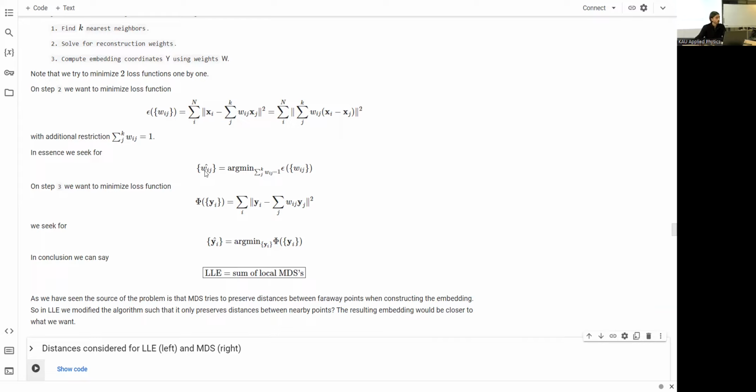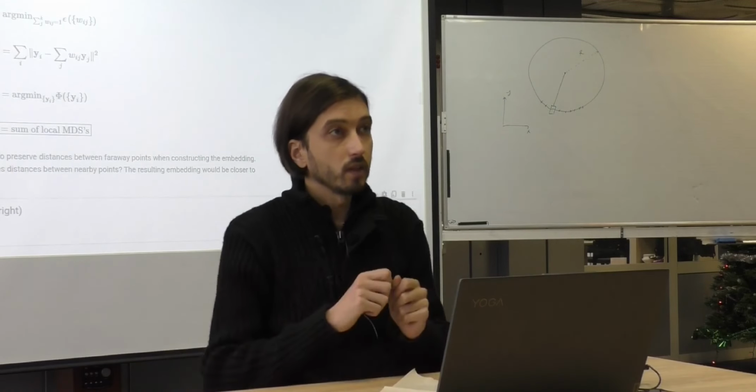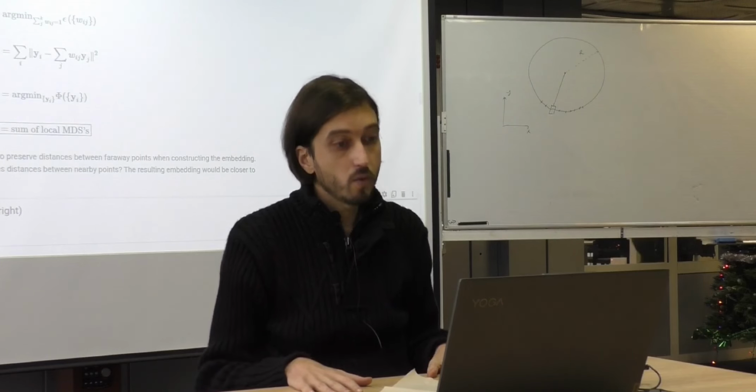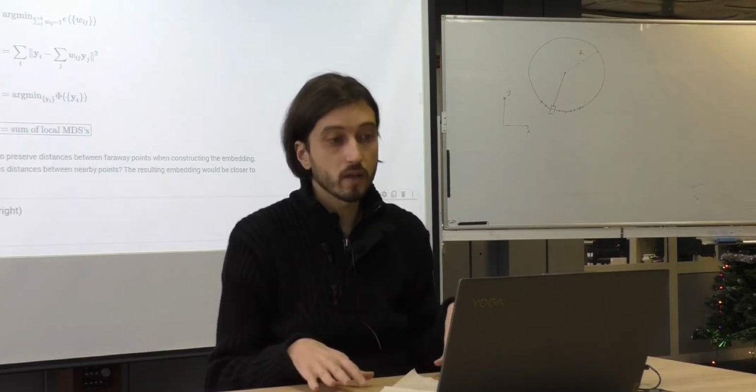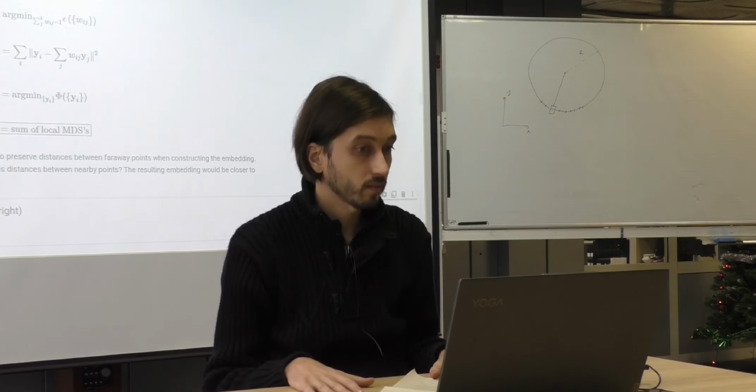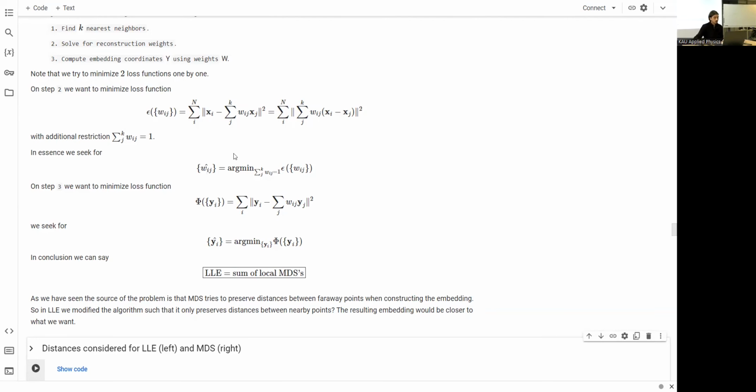Now we have all these W. What do we want? We want our points to be squeezed into the plane. Now we are saying I want my W's to be conserved. So this means that I want to minimize a different loss function phi of yi, where yi are points in some smaller dimensional space.